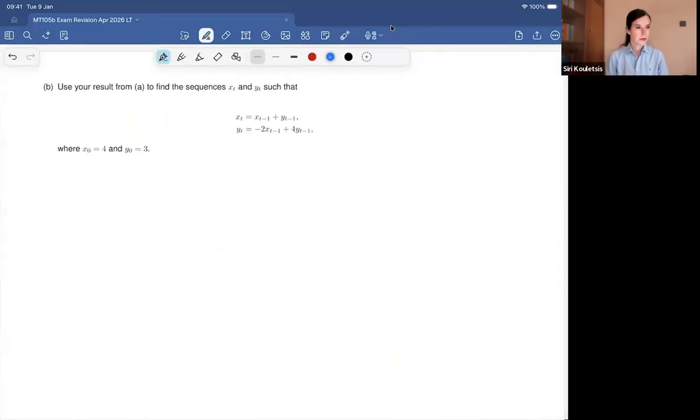Now, use your result from part A to find sequences xt and yt such that this system of sequences xt equals xt minus 1 plus yt minus 1 and yt equals minus 2xt minus 1 plus 4yt minus 1. And then we have that x0 equals 4 and y0 equals 3. So just remember that we had A equals 1, 1, minus 2, 4 here.